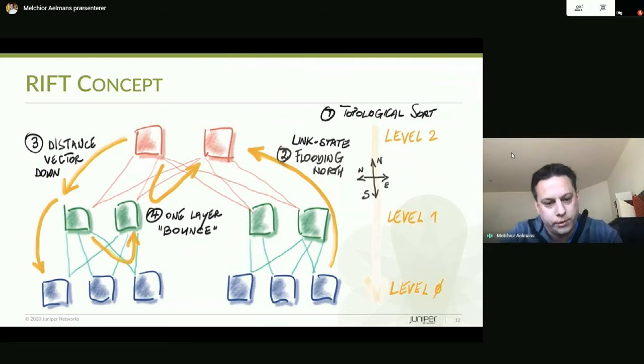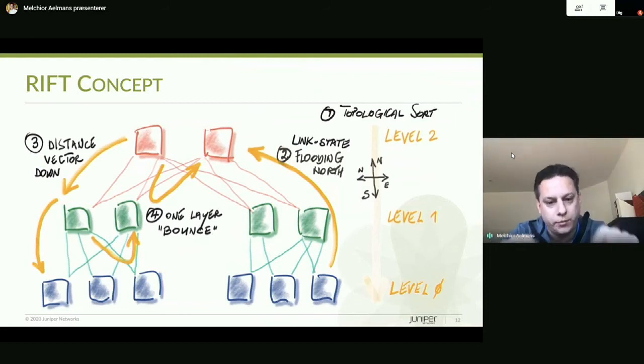So what does that mean? If you look from the bottom of the fabric, so level 0 in this case, those boxes that could be switches or servers connected to the fabric only have default routes northbound. So they have no knowledge at all about the rest of the network. The reason for doing that is that you can use really cheap silicon for those boxes.